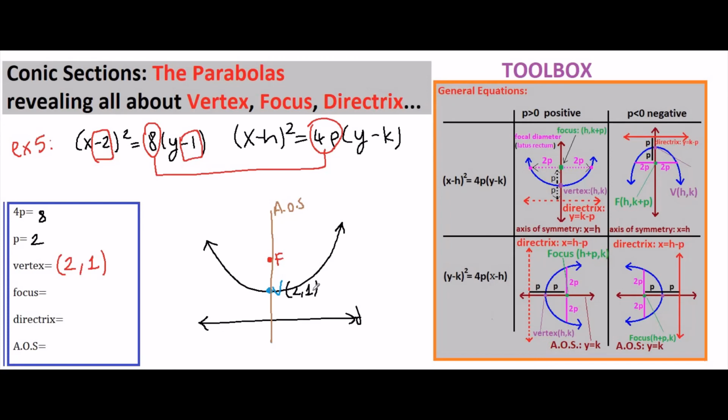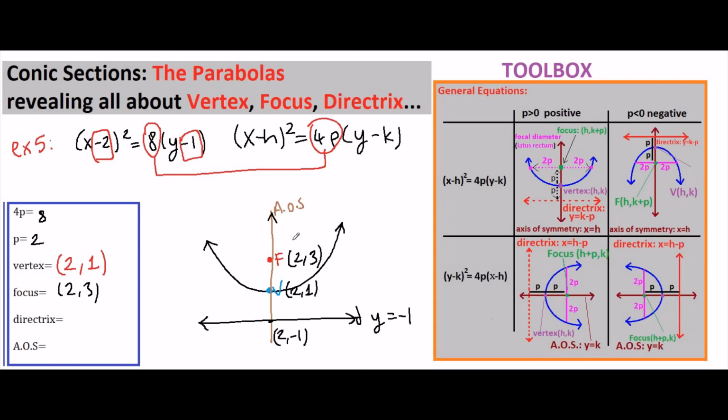Our vertex is (2, 1). Our focus is p units above the vertex, so if you go 2 units above, it's going to be (2, 3). Our directrix is 2 units below, so it's going to be (2, negative 1). It's a horizontal line, so y equals the y coordinate of this point.